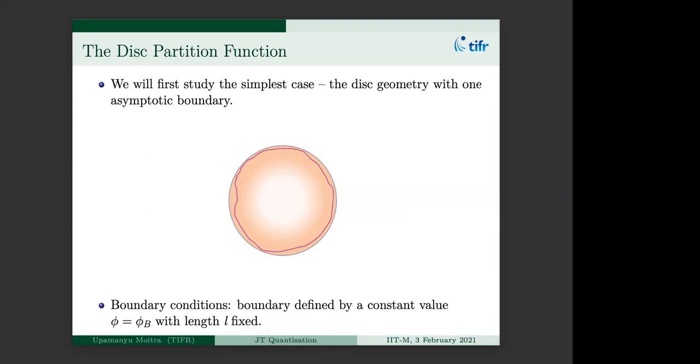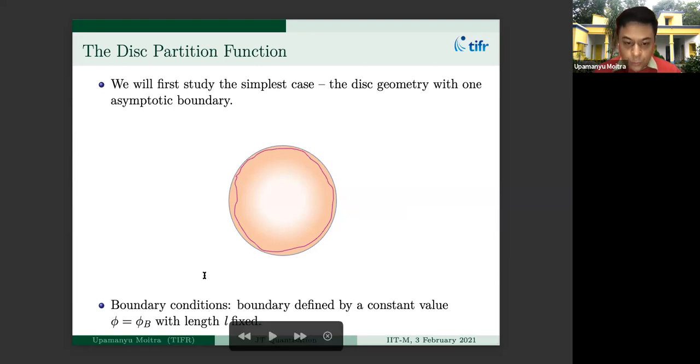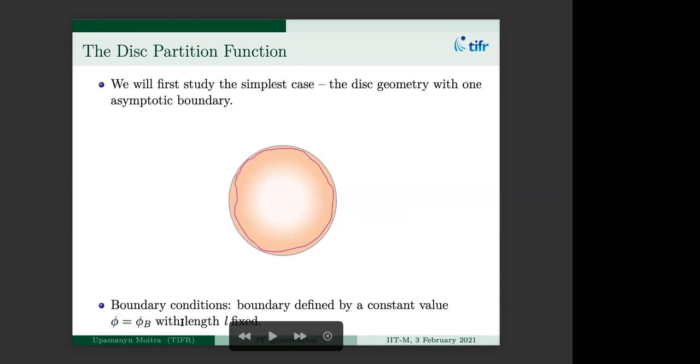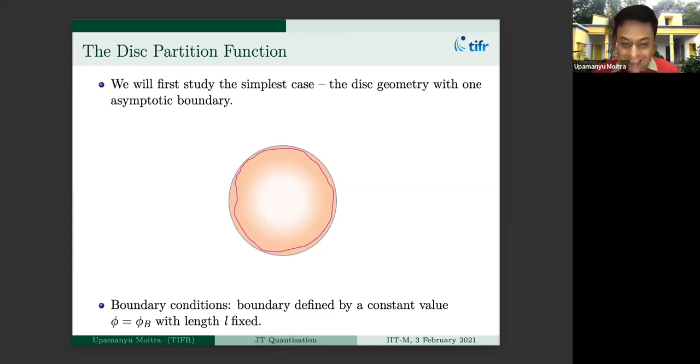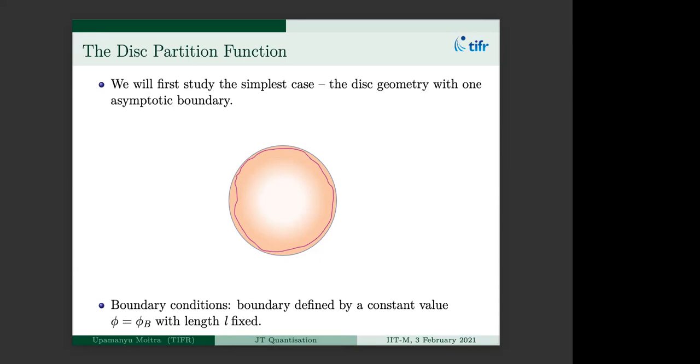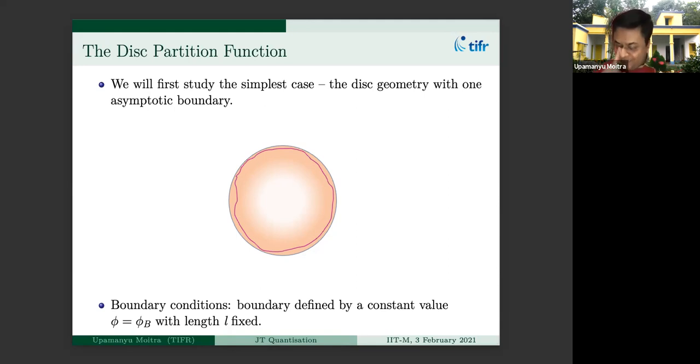Our boundary conditions are defined by just these two conditions, phi equals phi_b and the length fixed. The shape can fluctuate. And the small diffeomorphisms are those that don't fluctuate the shape. Exactly, precisely. Okay, thanks. Thanks for the question.